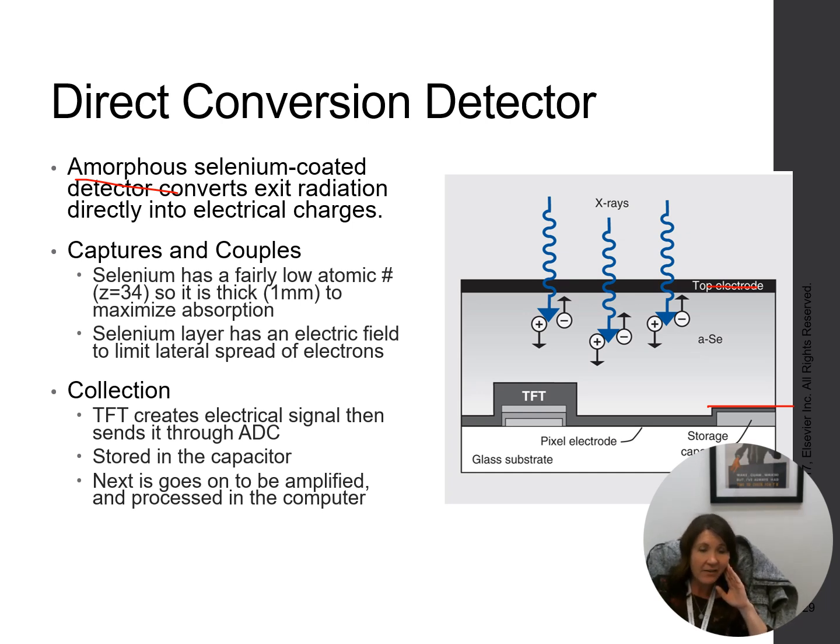Selenium happens to have a fairly low atomic number. Because of this, it has to be thick or it would have a very low DQE. So the selenium layer also has to have an electric field to limit the lateral spread. So it has to be attracted directly down or directly up to the diodes so that they don't spread and cause like a scatter type event.